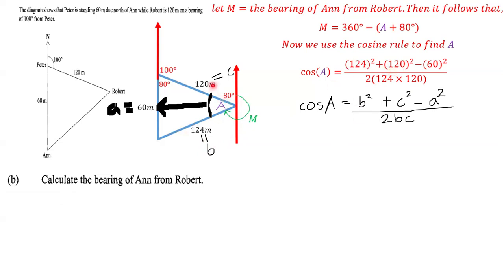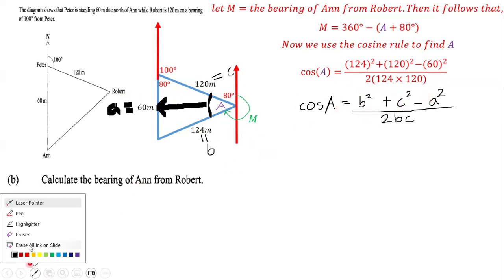C is 120, so we put C squared. A is 60, because the small a is 60. So we have 124 squared plus 120 squared minus 60 squared, all divided by 2 times 124 times 120. This is the cosine rule that we use.